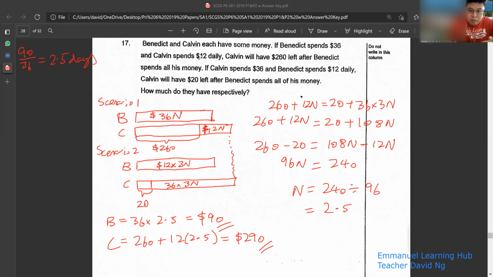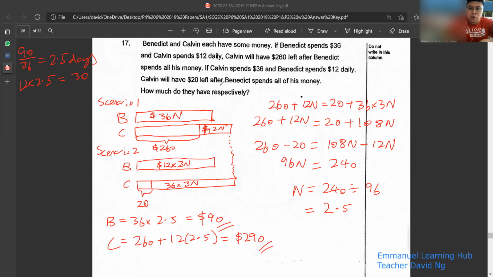Then Kelvin spent $12 daily, so $12 times 2.5 equal to 30. Now you're back checking to see whether the answer is correct. It's 30, then Kelvin will have $260 left. You minus 30 more, so it's $260 left.